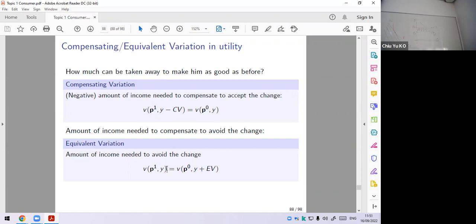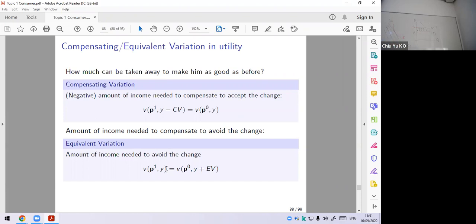I'm asking, in the original case, how much money I can give him to make him indifferent. Suppose you are in the world after the changes. How much money can I give you in the original case so that you don't do the change?